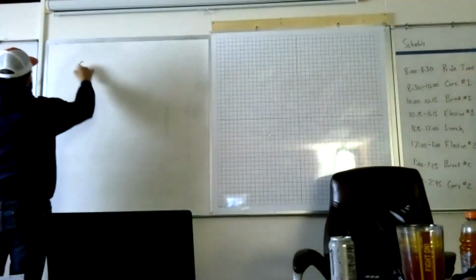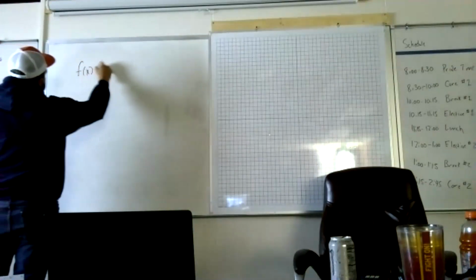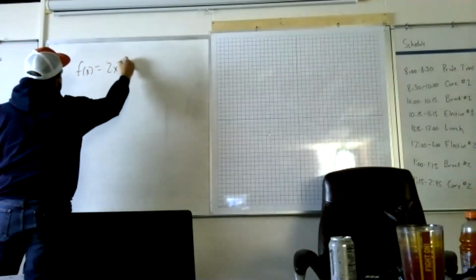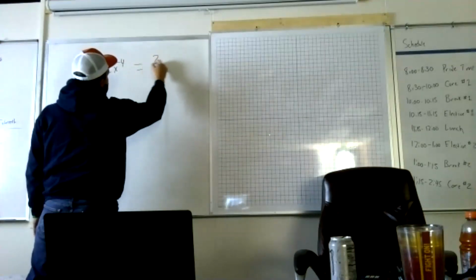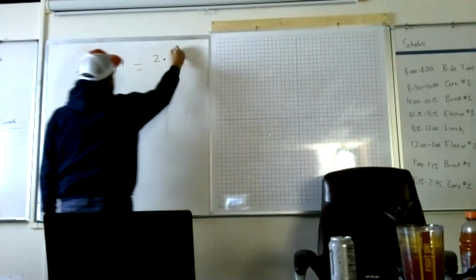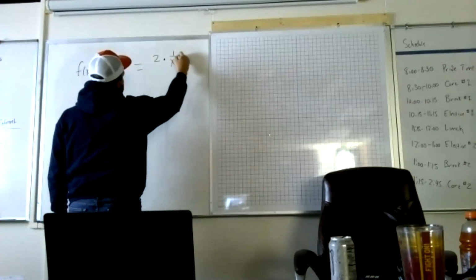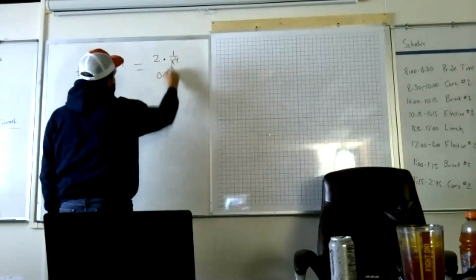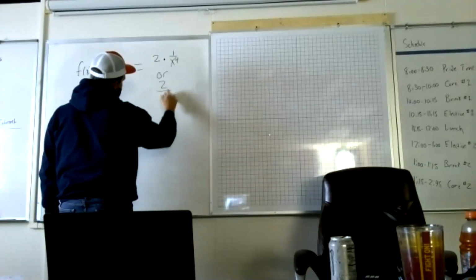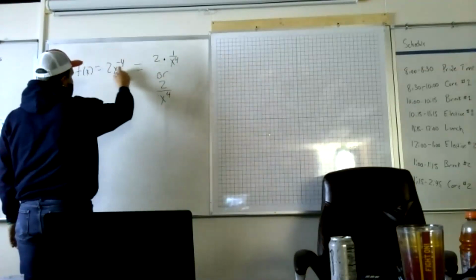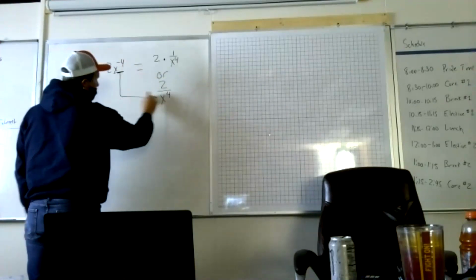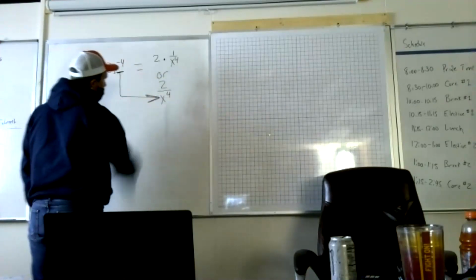So if f of x is equal to 2x to the negative fourth, this is equivalent to 2 times 1 over x to the fourth, or 2 over x to the fourth. The negative exponent brings whatever term it's associated with to the denominator.